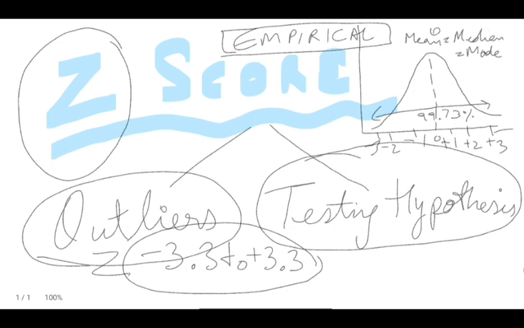And if I take minus 2 and plus 2, the empirical rule says that 95.45% of the data points would be lying within minus 2 to plus 2 standard deviations. And if I take minus 1 and plus 1, the rule says 68.27 percent of the data points will be lying within this range.